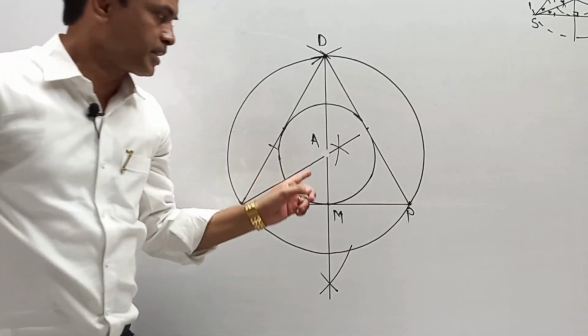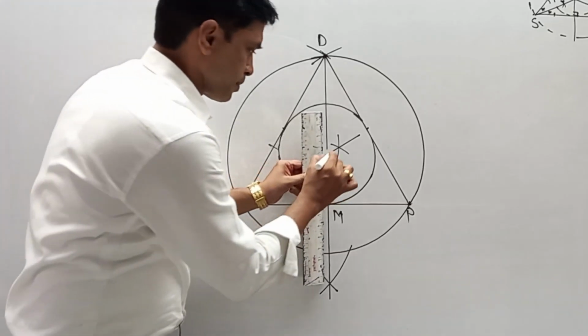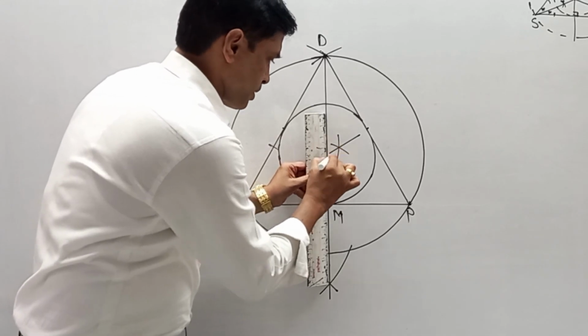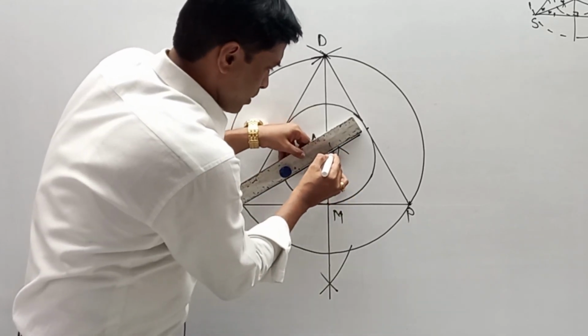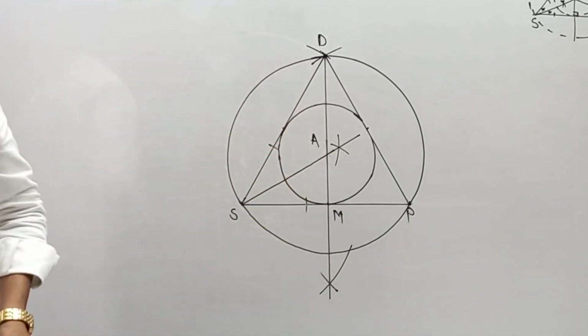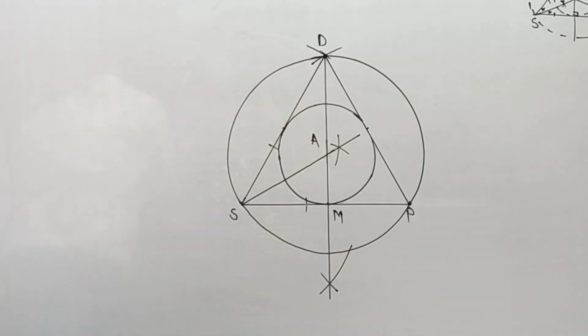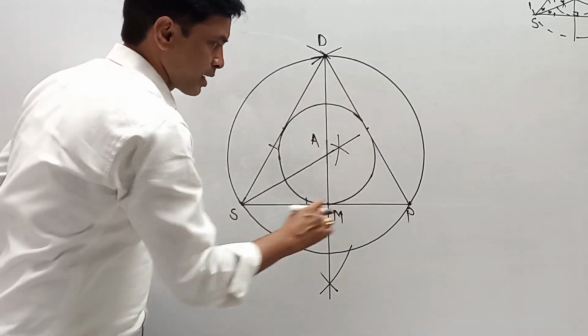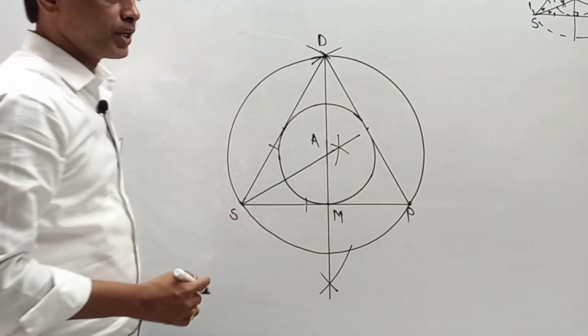Now as I am drawing with the thread and marker, some imperfection may be there, but as you draw on your notebook, definitely you will get the perfect result. Now the next part is, your incircle is ready, your circumcircle is also ready.